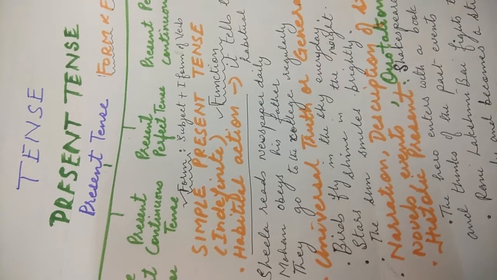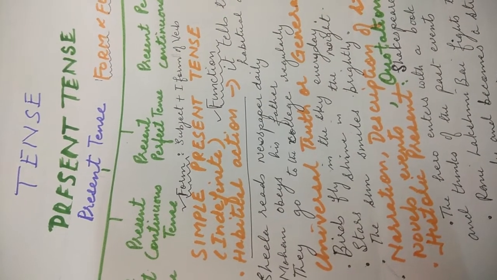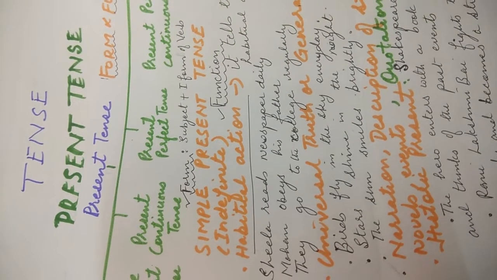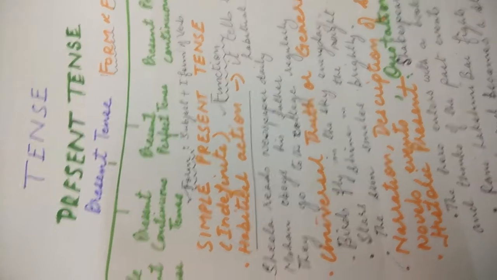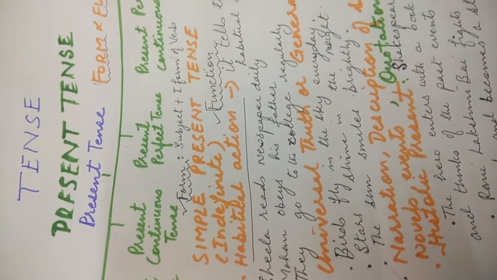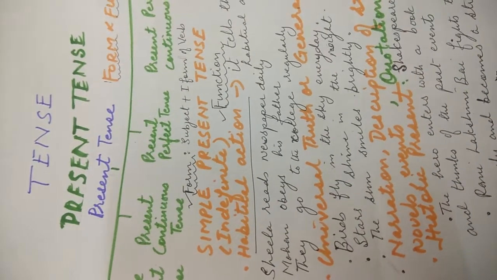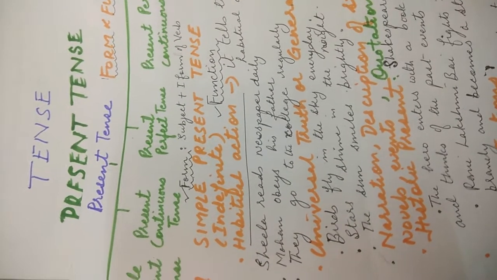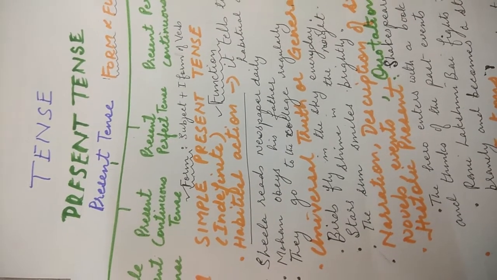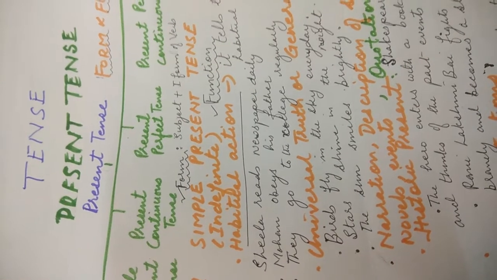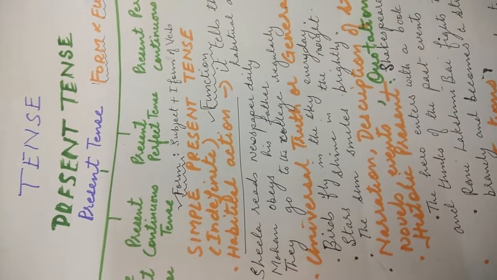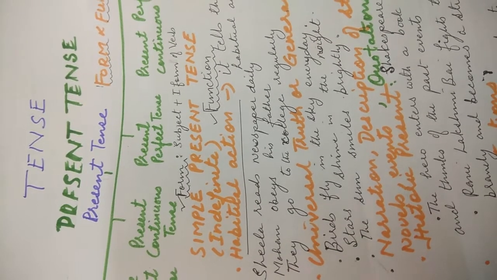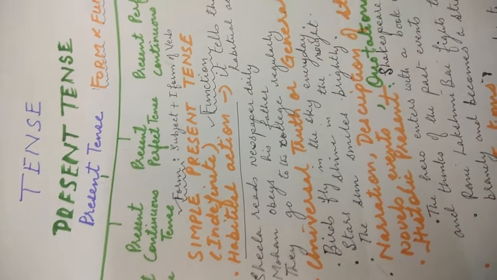Because a specific time is not mentioned, whether you would do something in the future or in the past. But simple present tense tells you the habitual truth first of all. It means you do something regularly. That's why it's indefinite and simple.